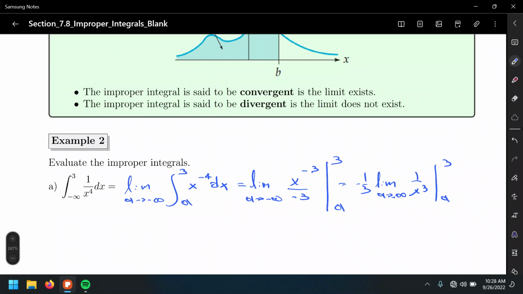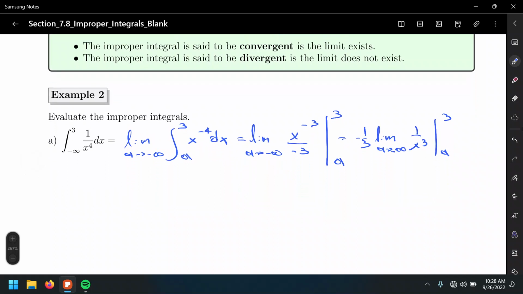The rest is exactly the same. Upper limit minus lower limit. That is negative 1/3 limit a approaches negative infinity of 1/3 cubed minus 1/a cubed.